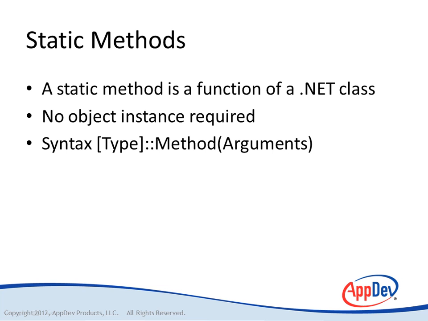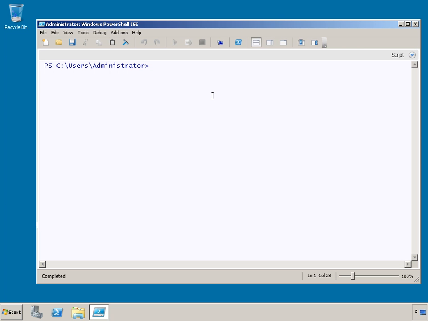All right, so let's take a look at a couple of static methods in PowerShell. Let's start off with one that is easily the static method that I use the most often, and this is the now property of the datetime object. So remember, we start off by specifying the type.